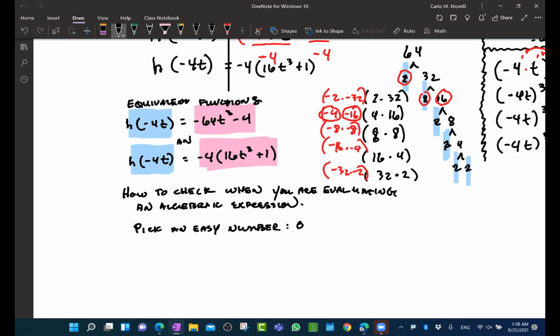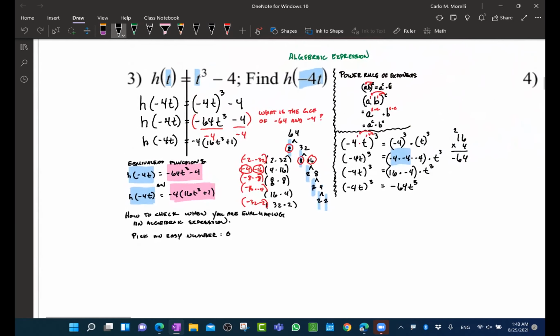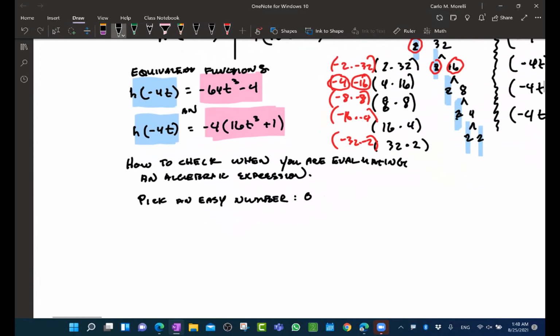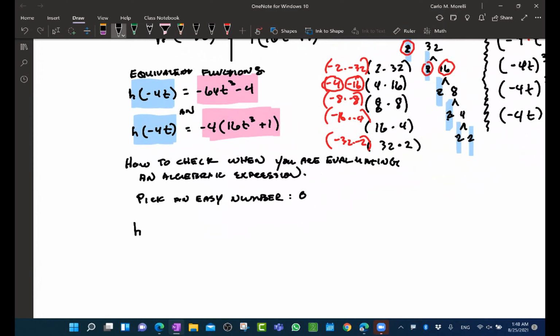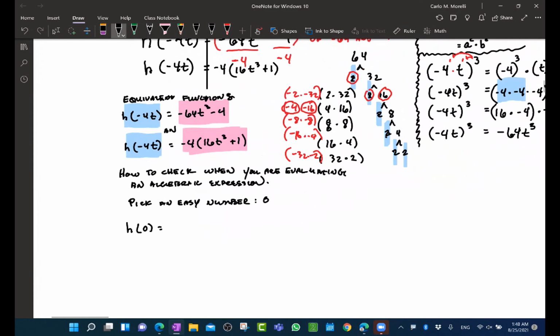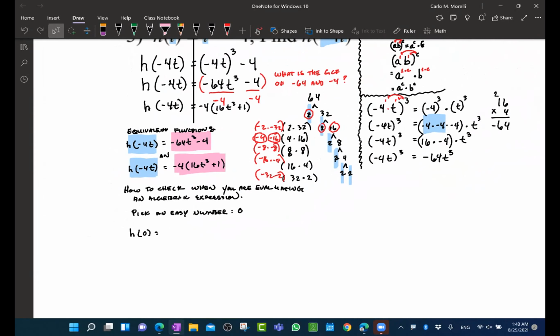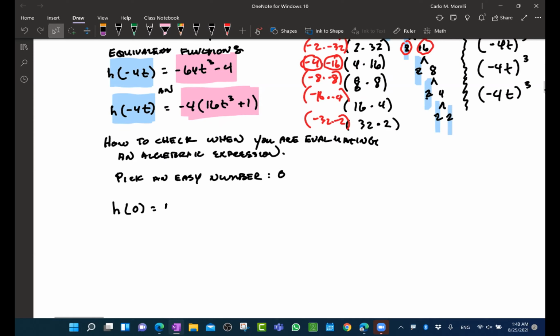So first we're going to substitute in 0 for our original given expression. h of 0 equals t cubed minus 4. We just replace the t with a 0, and we'll see that this comes out to just negative 4.